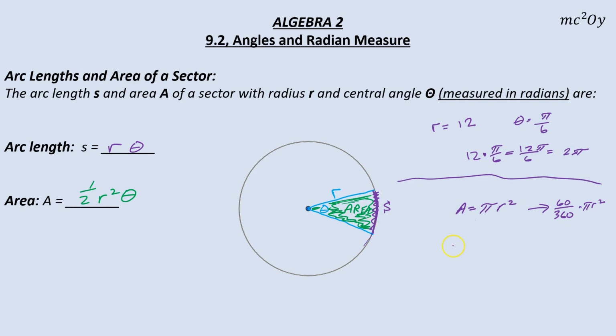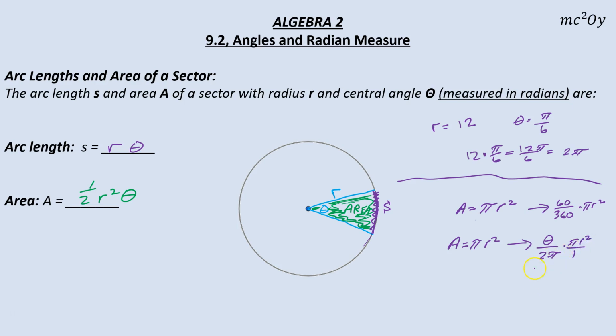Well, when you're dealing with radians, that pi r squared doesn't get multiplied by 60 over 360. It gets multiplied by whatever theta is over 2 pi. Remember, there's 2 pi radians in an entire circle. That's like your 360. And theta represents your angle measure. So when you go theta over 2 pi times pi r squared, notice I just extended that over, because when I say times pi r squared, making that a fraction just gives me that.